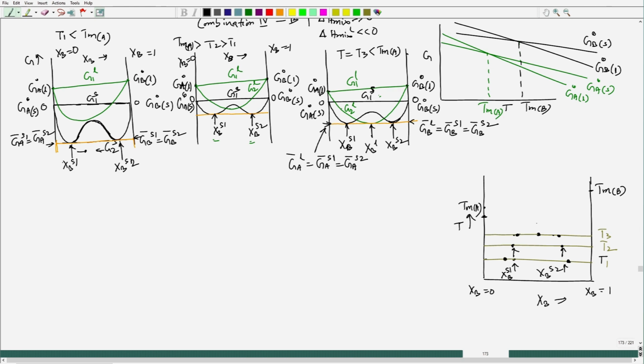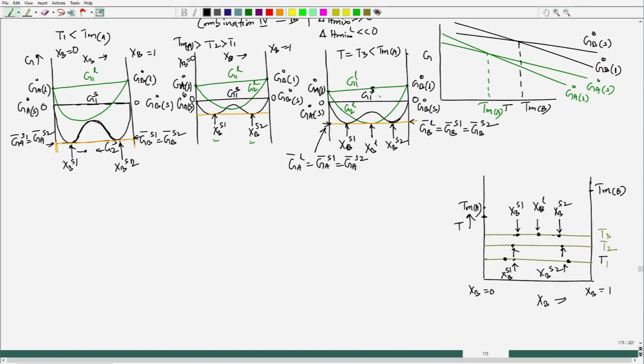So, now this is XBL, this is XBS2, this is XBS1, and all those compositions are different, but all those phases are in equilibrium as per the common tangent rule, and exactly such a situation will arise.